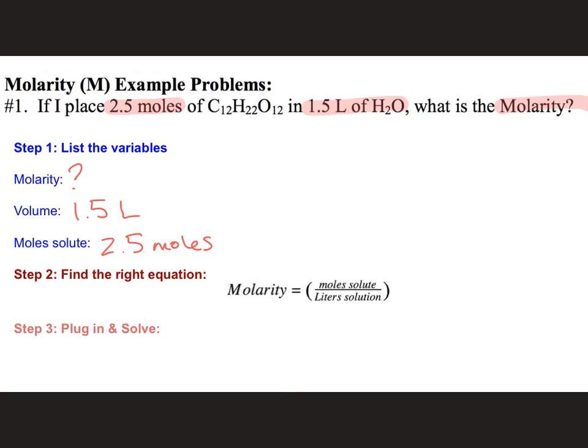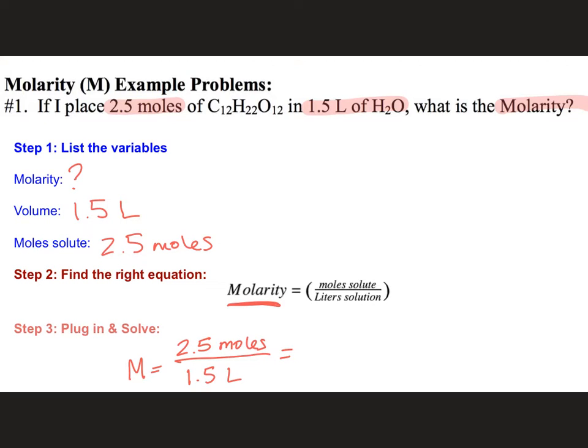And the second step is to find the right equation. I've already written it here for you. This is the equation you will use with all of the molarity questions, but you might have to reorganize it in order to solve for different things. In this case, we are solving for molarity, so we can leave that there. Then the last step is to plug in and solve. So I'm going to do the shorthand of it. So M equals, which is the same as molarity, moles of solute divided by liters solution. So we have 2.5 moles of our solute divided by 1.5 liters of our solution.